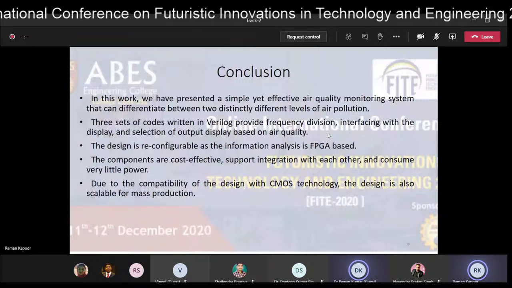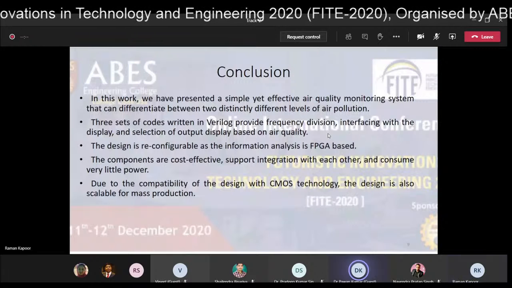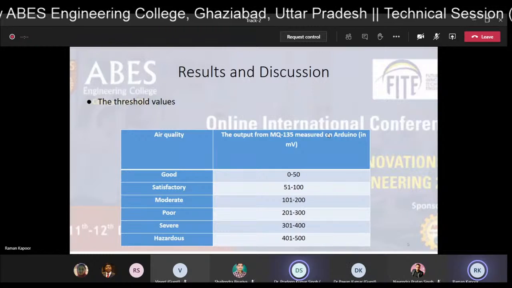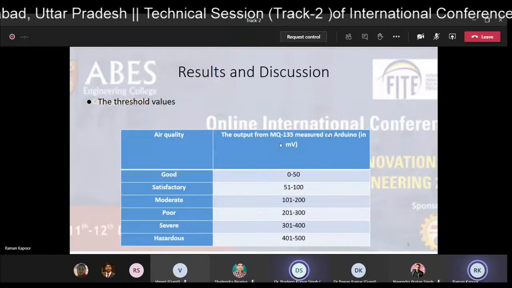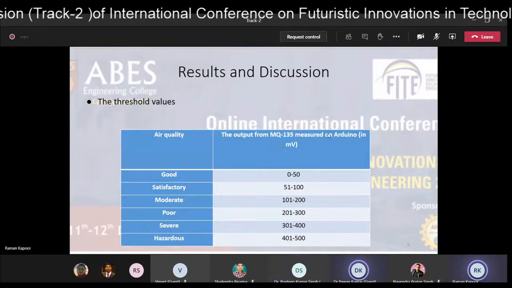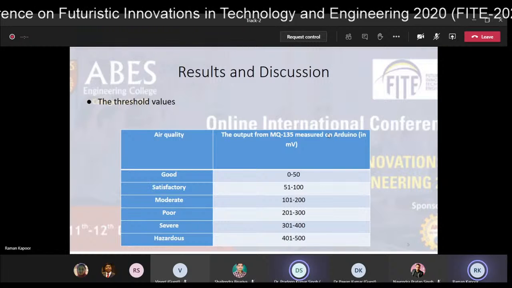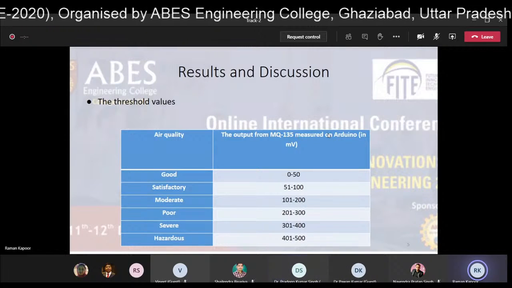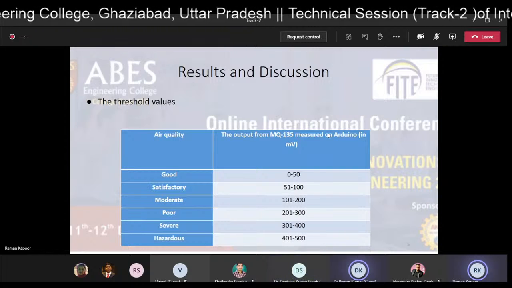What type of sensor did you use in your project? We used the MQ135 sensor, which is a high resolution sensor for particulate matter and other chemicals which are generally found in air, like oxides of NO or CO and some other materials.